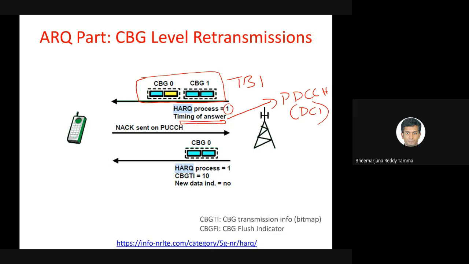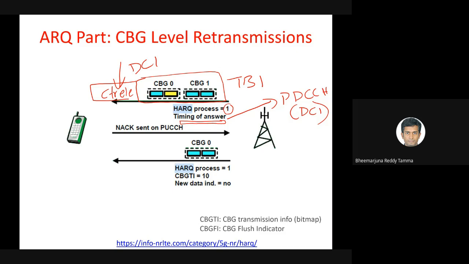If you recall, a transport block not only contains the user data, it also contains the control elements. One of the control elements that it carries is the DCI, which says all this information about which HARQ process the data is going into and when the acknowledgement should be coming from the handset to the base station in the uplink.